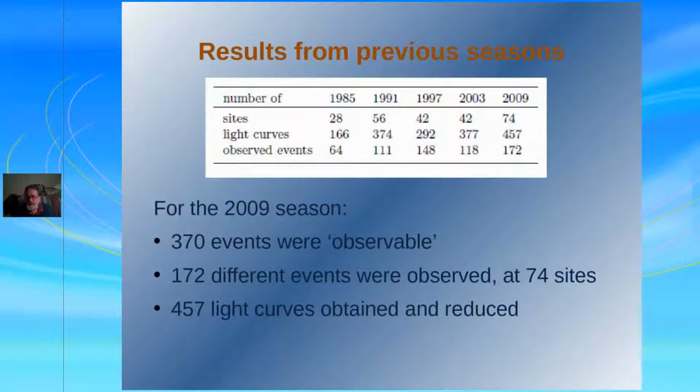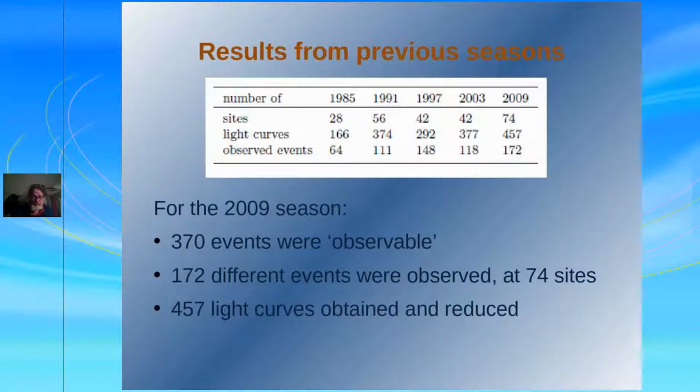This is a summary of results from previous seasons. You can see there are 6-year intervals from 1985 to 2009. We've increased the number of sites involved from the 28 in 1985, which would have been almost all professionals, to 74 last time around, a large number of amateurs, and 457 light curves.